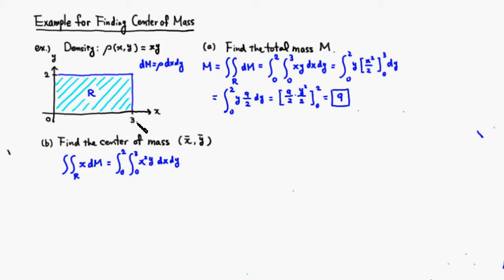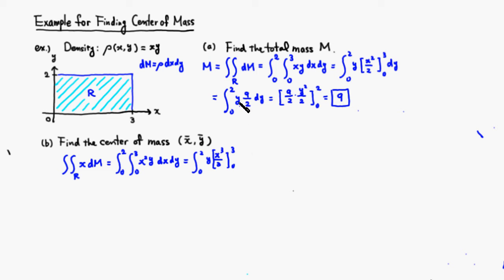So let's evaluate that. You have an integral from 0 to 2, and y is just a constant. Then you have x cubed over 3, going from 0 to 3.